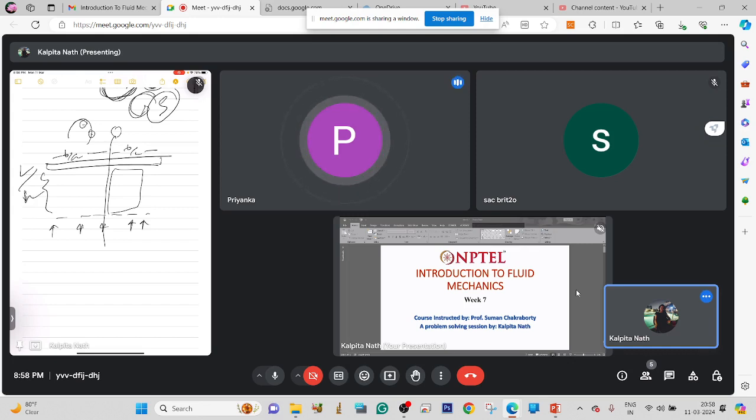So we need to find the weight of that plate. If sir has done that in class, we won't go into much detail. Then sir has also done in class the Euler equation for motion in streamline coordinates.